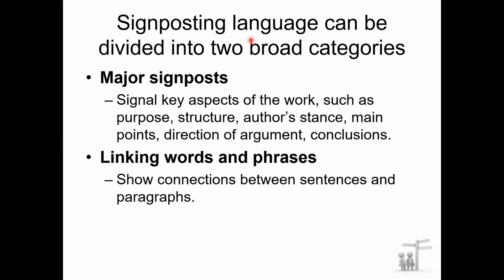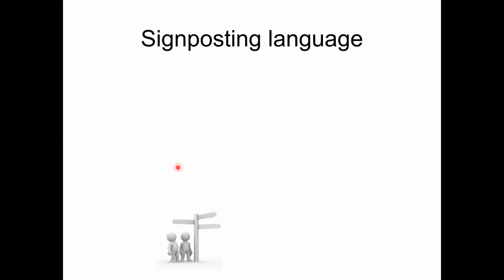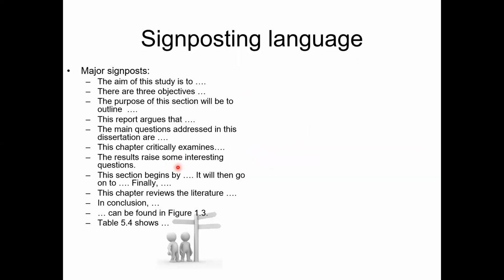The signposting language, not the ordering, can be divided into two broad categories: major signposts, which signal key aspects of the work, such as purpose, structure, author stance, and so on, and linking words and phrases, which show connection between sentences and paragraphs. So if we look at the major signposts: the aim of the study is to.